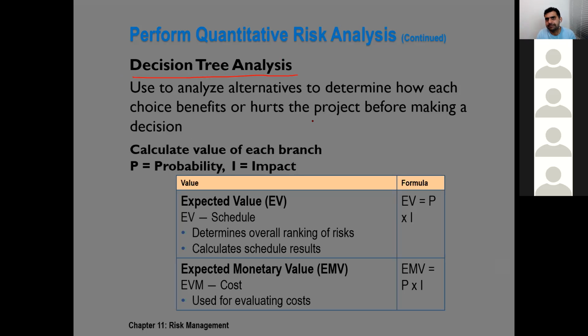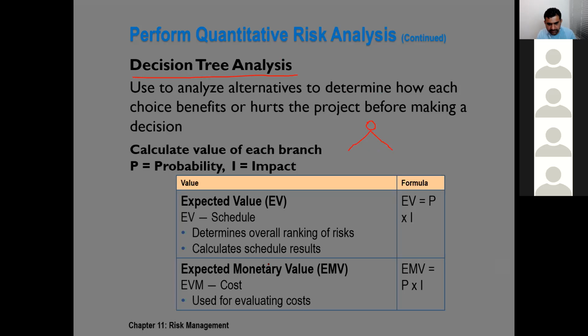Decision tree analysis. Everybody uses decision trees, isn't it? Anybody use decision trees? Only in basics, really. Yeah, so decision trees basically help us to see the impact of making one decision or its opposite decision.